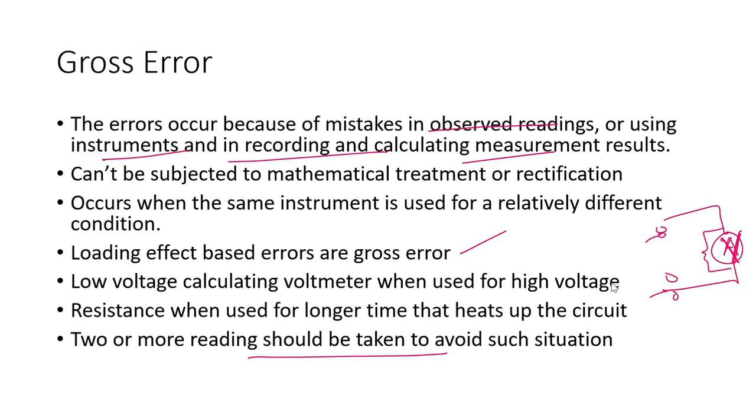This error can also be experienced if we use the measurement system for too long. If we use a resistance measurement system and the resistance heats up and gives us different values than the one we require, this will be a gross error involvement.